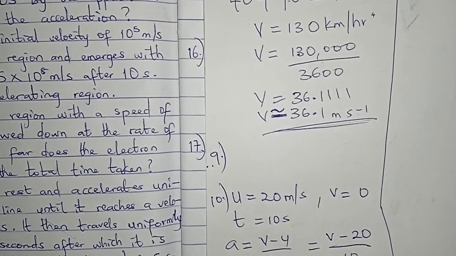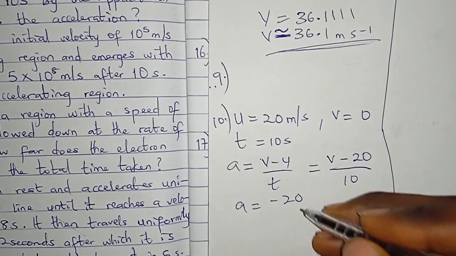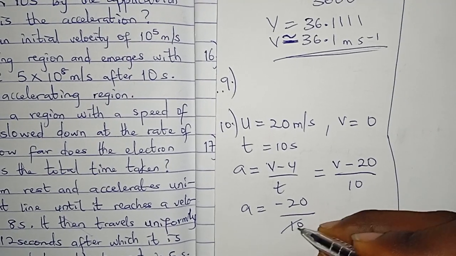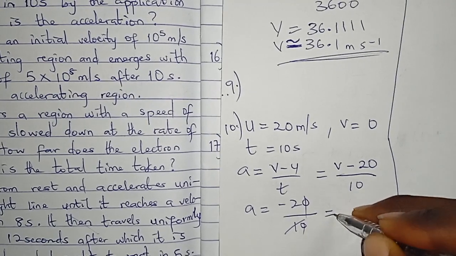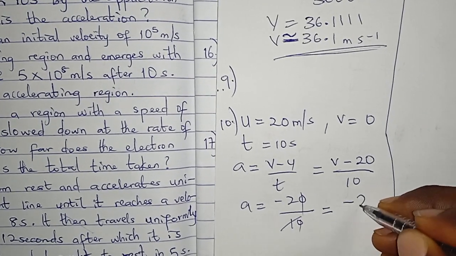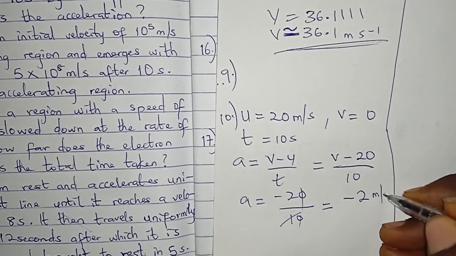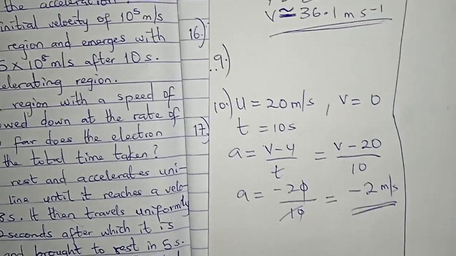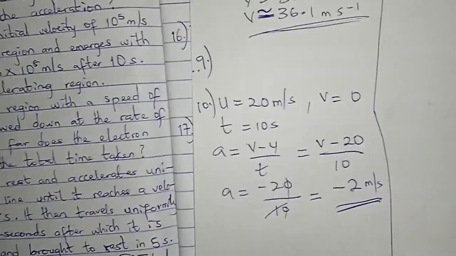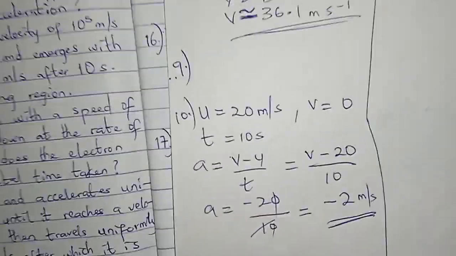A is equal to minus 20 over 10, so A is equal to minus 2 meters per second squared. And notice it's minus because it's deceleration, it's brought to rest, retardation.